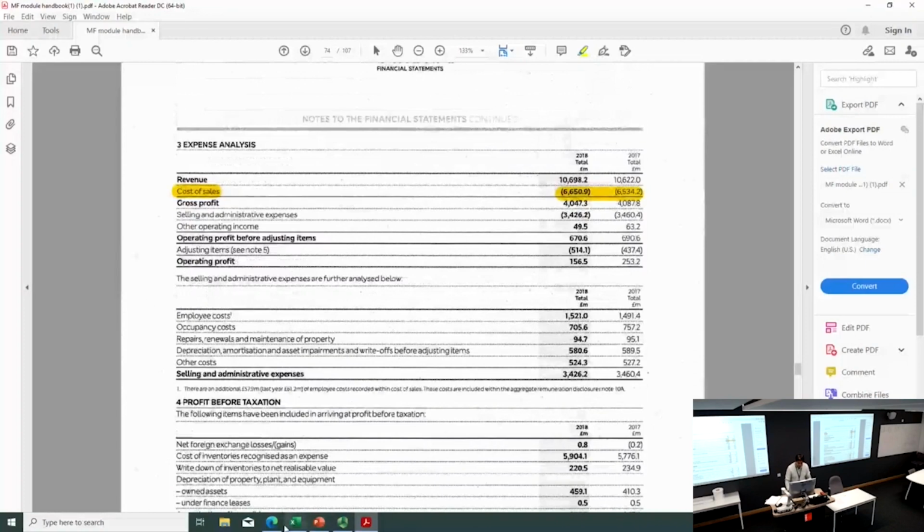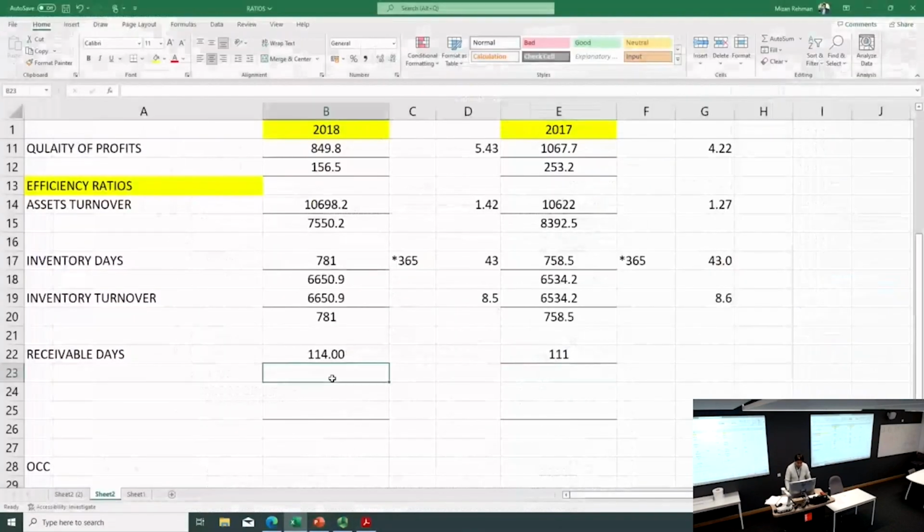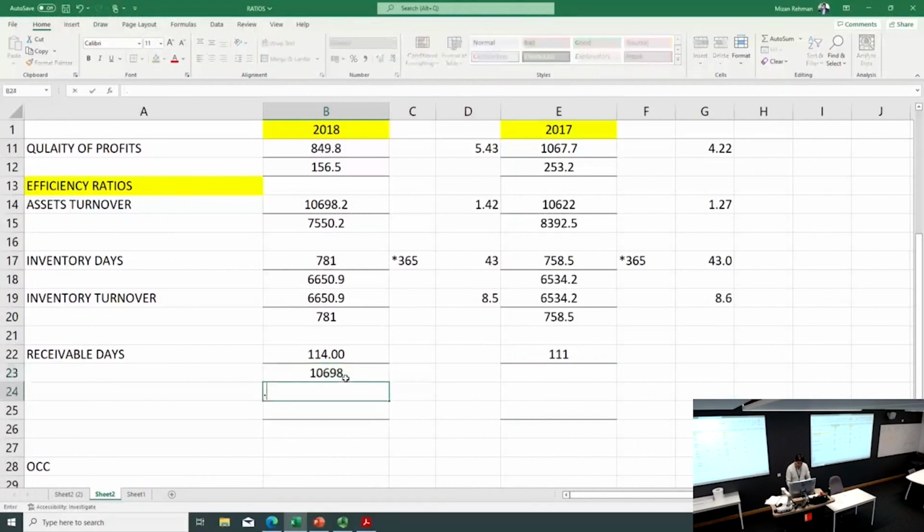I don't have, so I'll take the whole figure. 10698 point 162 times 365 days.